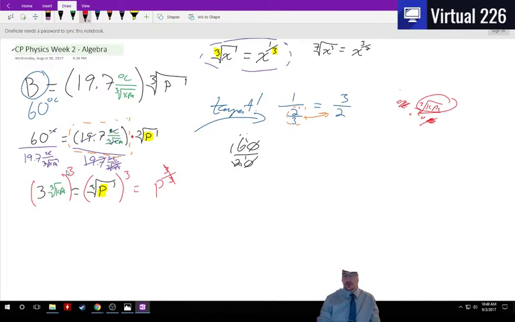So 3 cubed, well, that's 3 times 3, which is 9. 9 times 3 is 27, so I'm going to get 27, or approximately, because remember there was a decimal here somewhere. Our unit here is no longer the cube root of kPa because we've done this to both quantities. This is actually just kPa, kilopascals, and that equals our pressure.